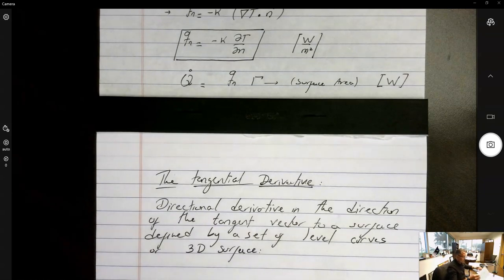So essentially, the tangential derivative, denoted as df ds, of a function f, is the gradient of f dotted into the tangential vector.